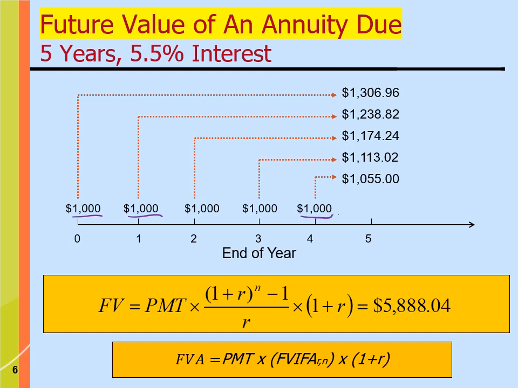Thus, to calculate the future value of an annuity due, you just need to multiply by 1 plus R at the end of the same formula. This is actually the same formula used to find the ordinary annuity. But for annuity due, you just need to add this 1 plus R.